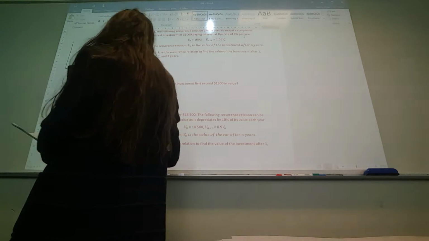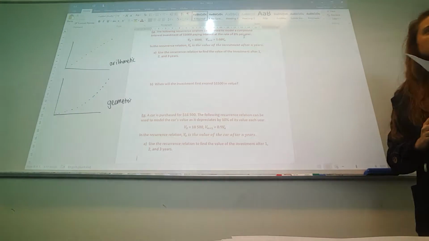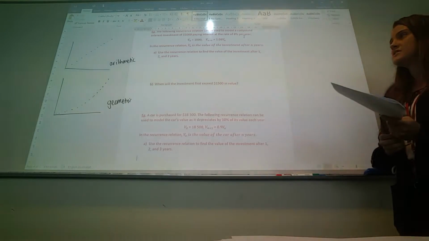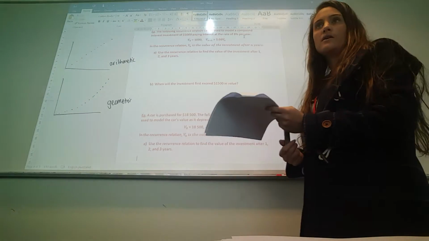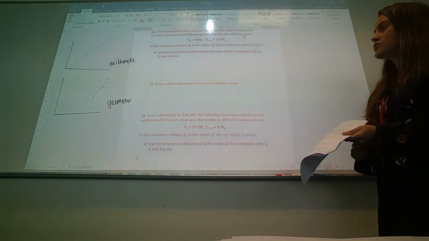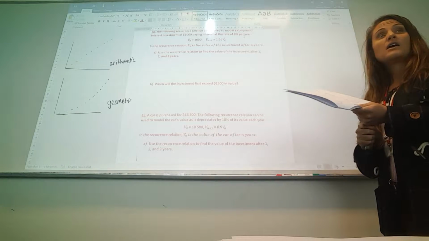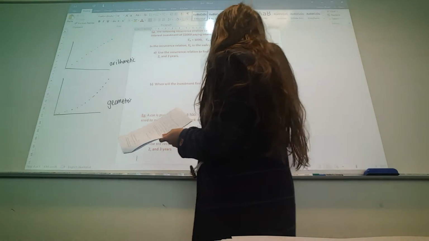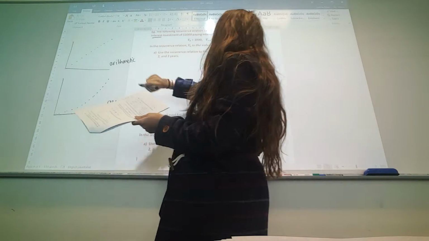So simple interest is an arithmetic pattern and compound interest is a geometric pattern. So if we're talking about compound interest, we know we're talking about geometric, so we're going to be multiplying.